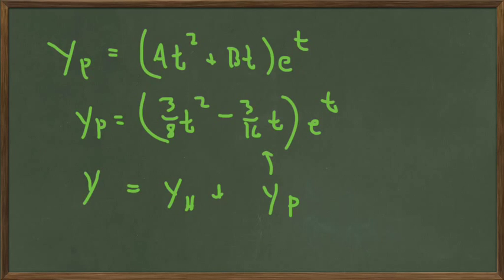Yp is right here, and yh we already knew was c1e to the minus 3t plus c2e to the t. So a fair amount of work to get these, no question about it, especially when we have to multiply by powers of t. Let's do one more example.